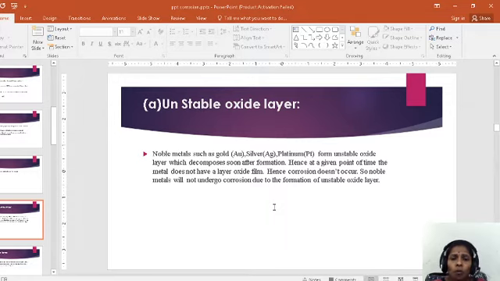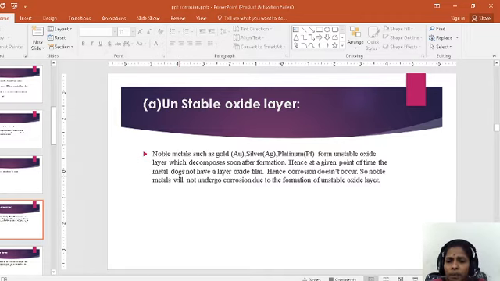So that is called the unstable oxide layer. All the noble metals form an unstable oxide layer with oxygen. Noble metals such as silver, aurum and platinum form an unstable oxide layer which decomposes soon after formation. That means after formation it immediately decomposes and is removed. Hence at a given point of time the metal does not have an oxide film.